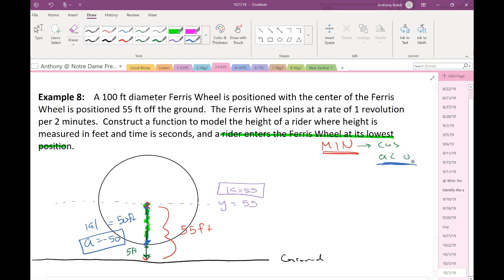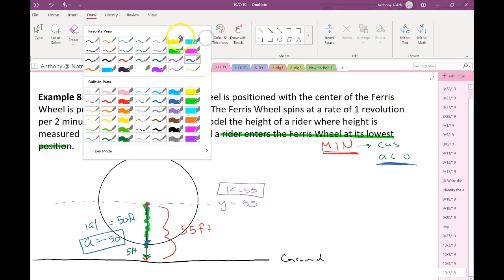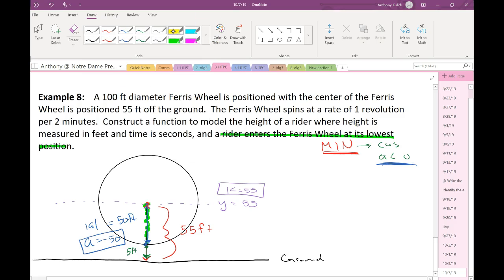So the last things we need to do are determine the values for C and for H. Everybody's on board with how I found the A and the K? Right? So for the A, firstly, why isn't it like 52? Because it's 55.